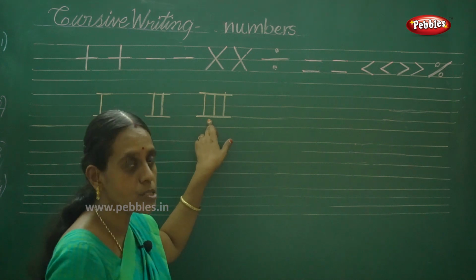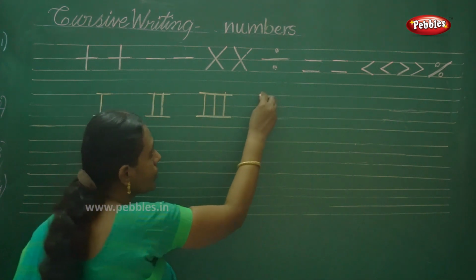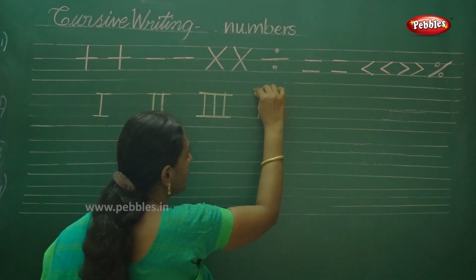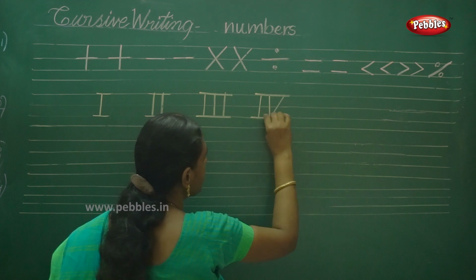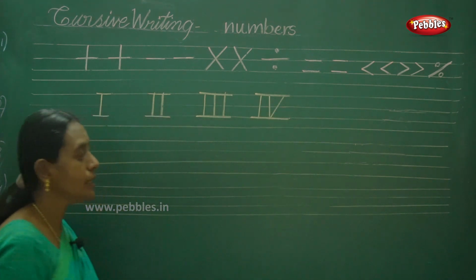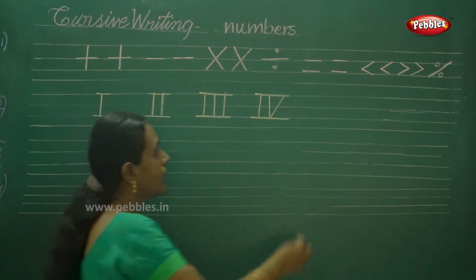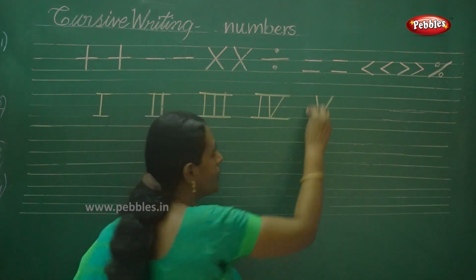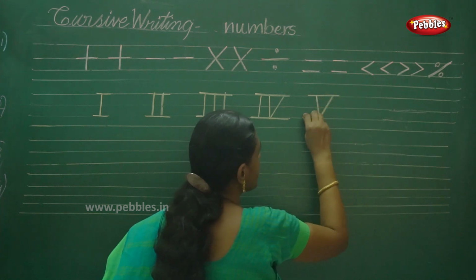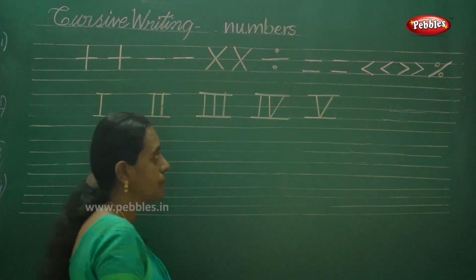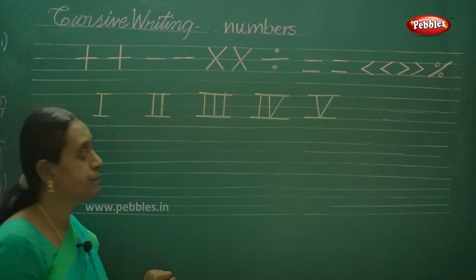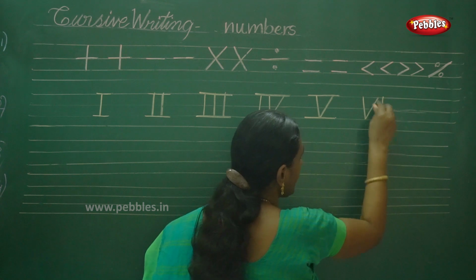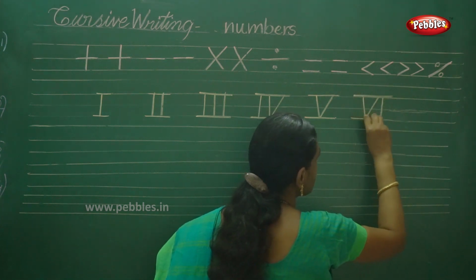Listen here, understand children. Then 4: straight line and V, with the upper steeping line and lower steeping line in equal length. Okay, next one is 5: V with the upper steeping line long and the lower steeping line of equal length. And the next one is 6, Roman numeral 6.